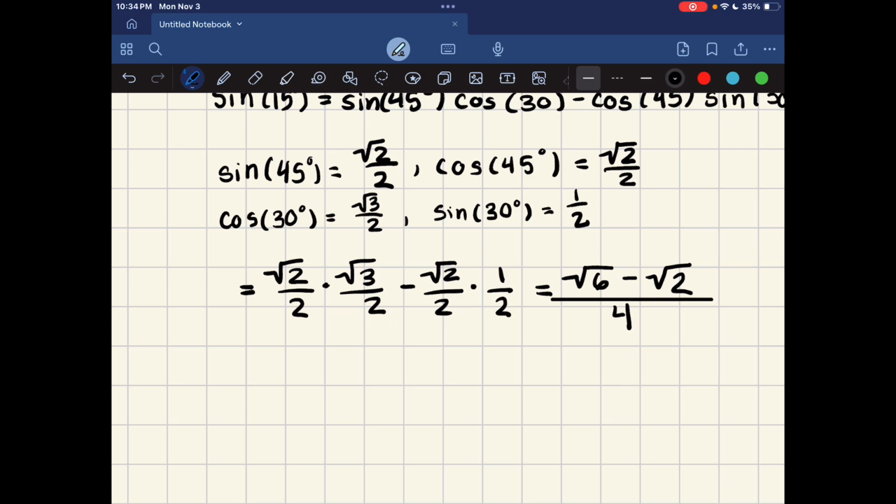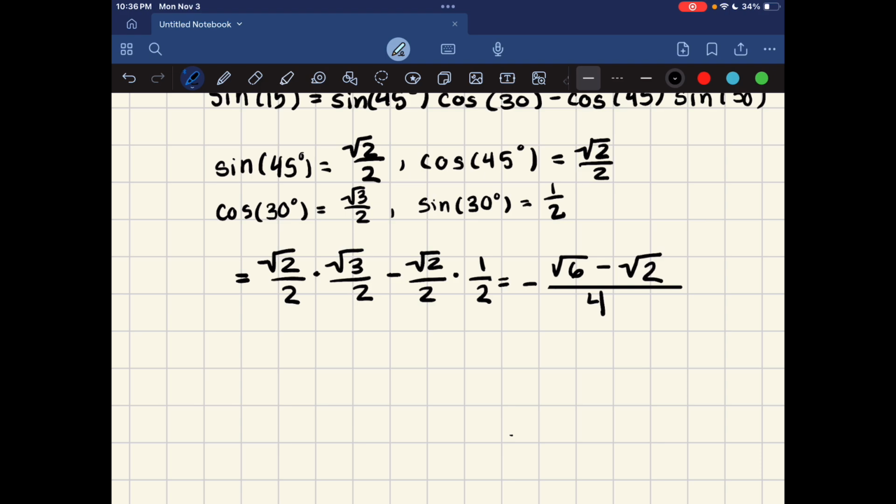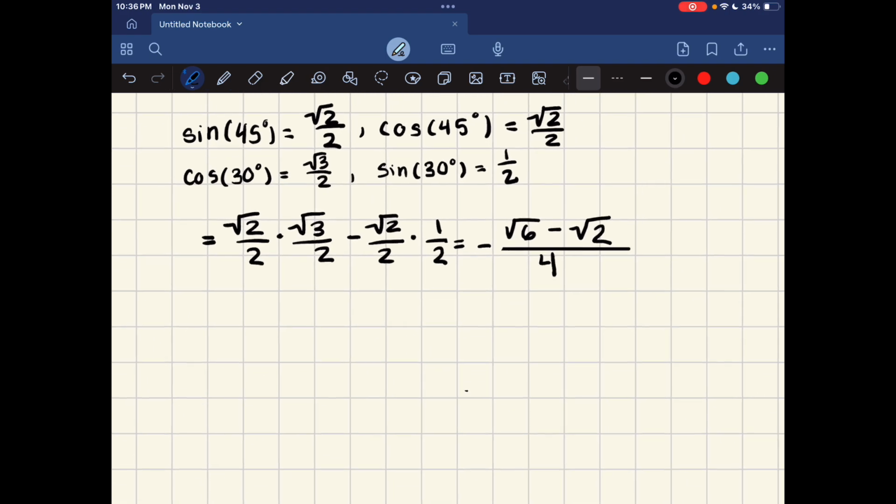Okay, I meant to put the negative sign in front, so there's a negative sign in front, which means we have to multiply the whole numerator by negative 1.